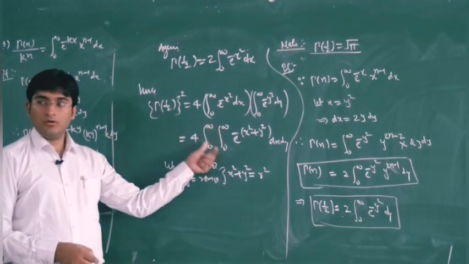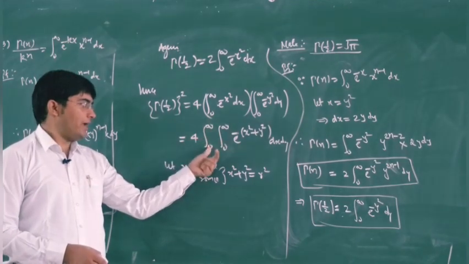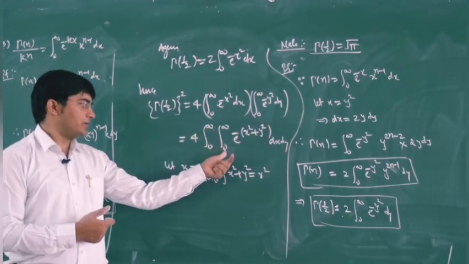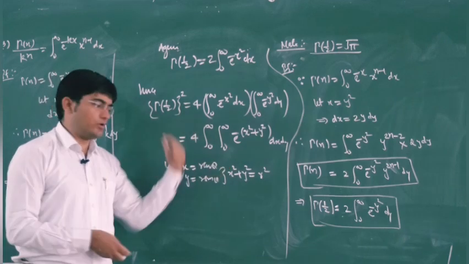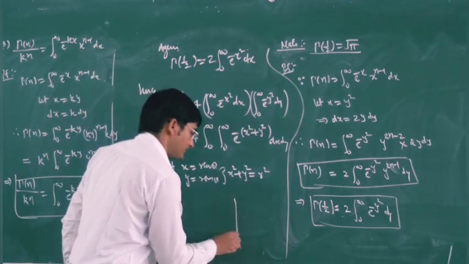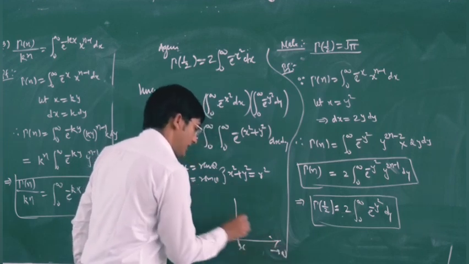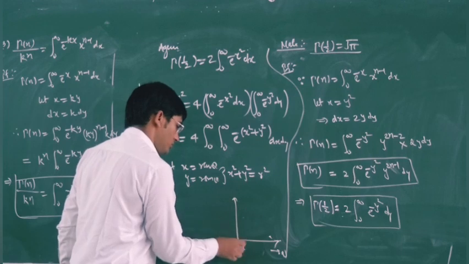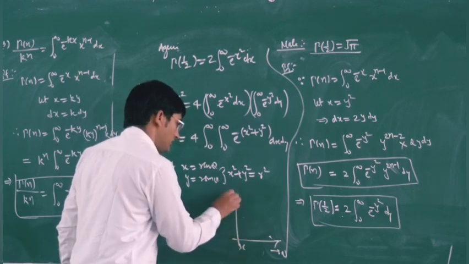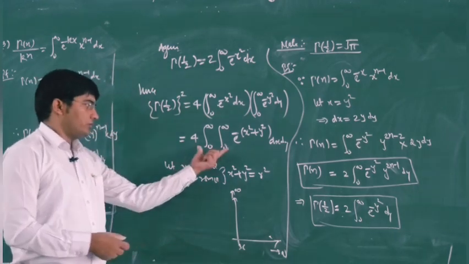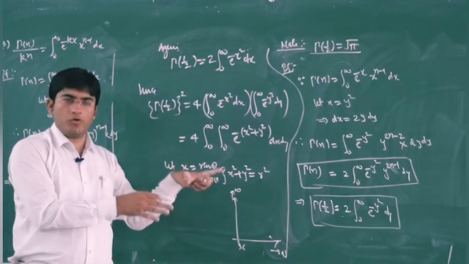Now here we have the integral x from 0 to infinity and the integral y from 0 to infinity. That means x is from 0 to infinity and y is from 0 to infinity. So this double integral represents the whole first quadrant.